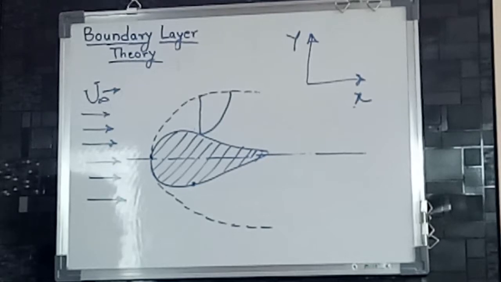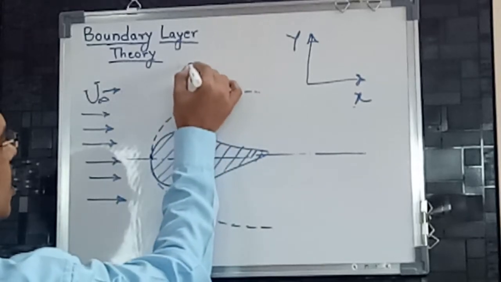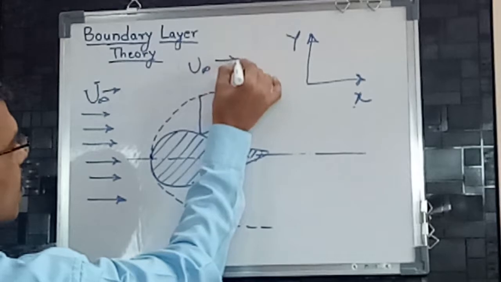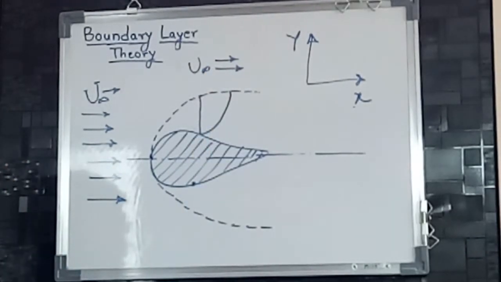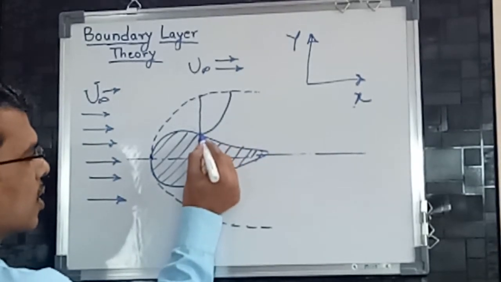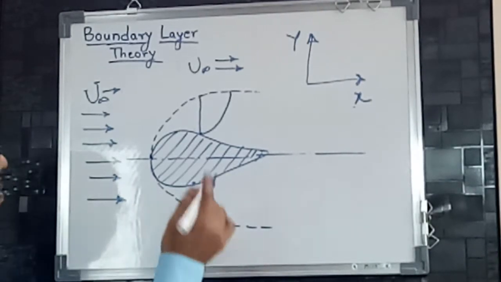So this is the free stream velocity, and here also it is the same. Here also it is the same. Now see, at this particular point the velocity is less. I will tell you how.